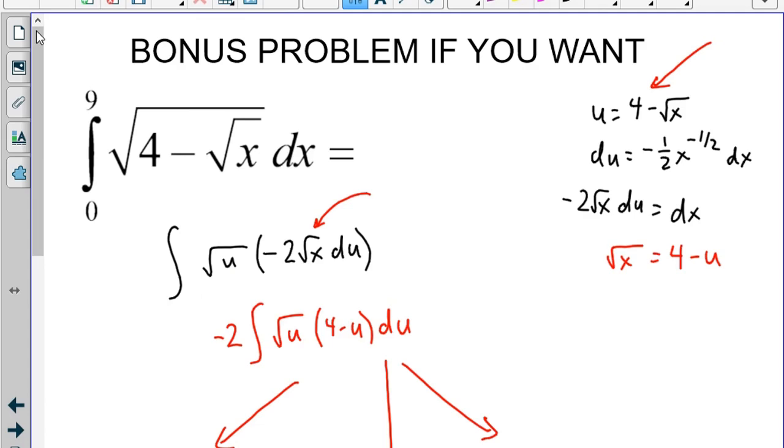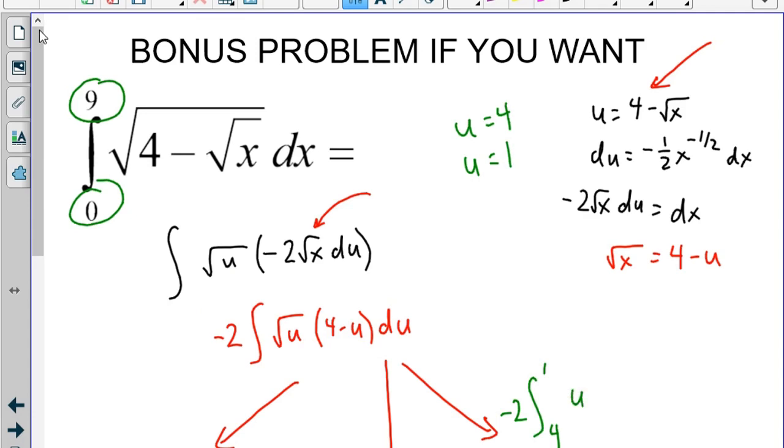So if I sub in 0 and 9 for x, u becomes 4 and u becomes 1. So this becomes negative 2 times the integral from 4 to 1 of whatever was up here.